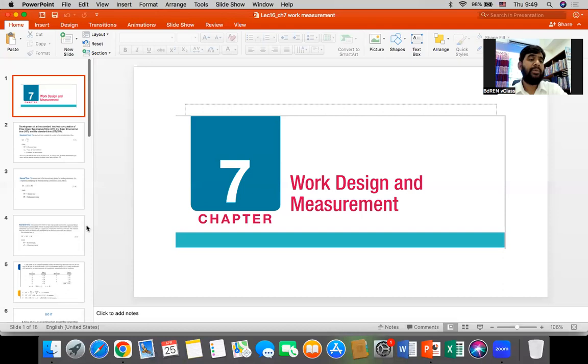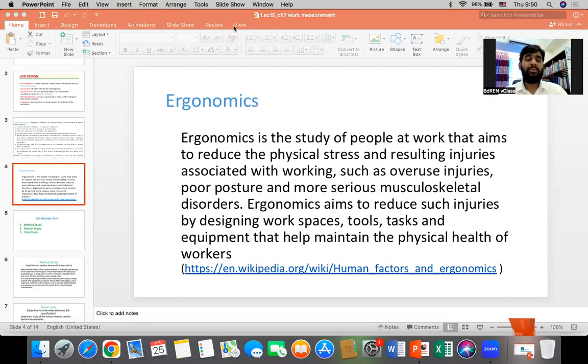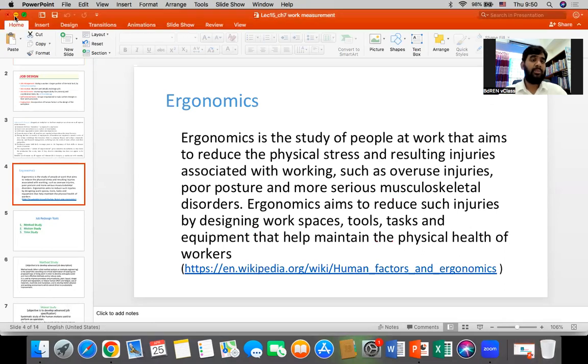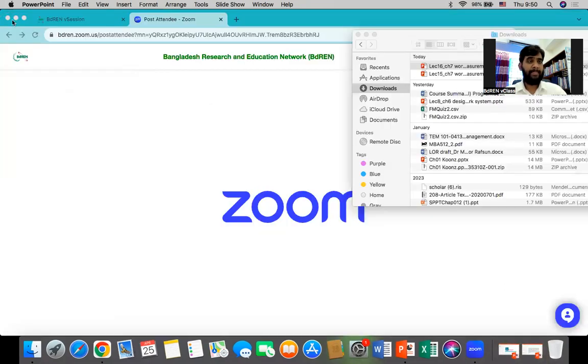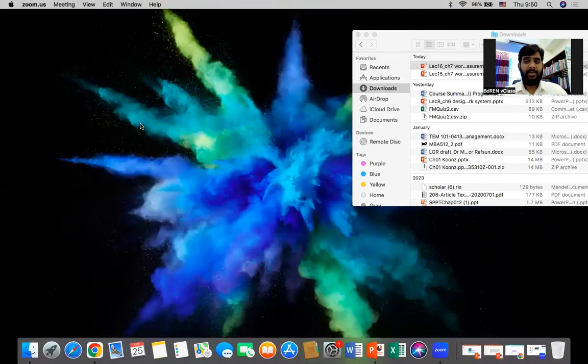Sorry, maybe the slide is deleted somehow. So the example: what would be the sitting position of people who are working with a computer was given there.